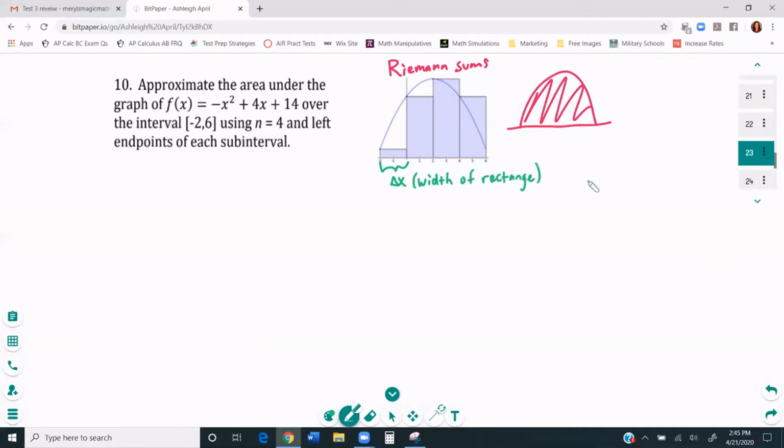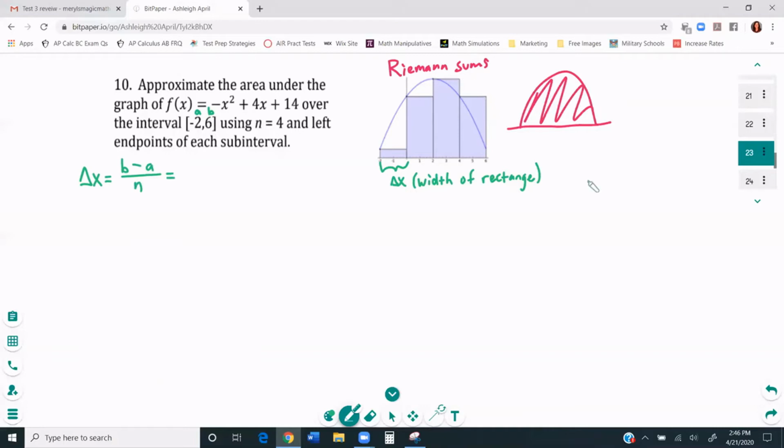And how we do that is, usually we say our interval is from A to B. Essentially we want to take that interval and divide it by however many rectangles we want. So the general formula is B minus A over N, N being our number of rectangles.